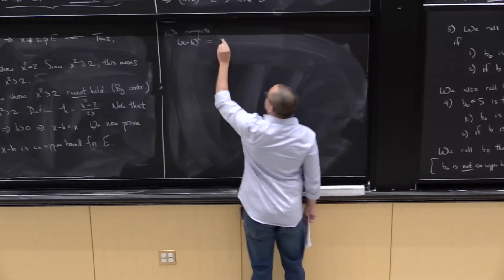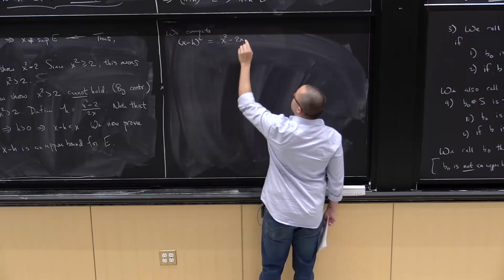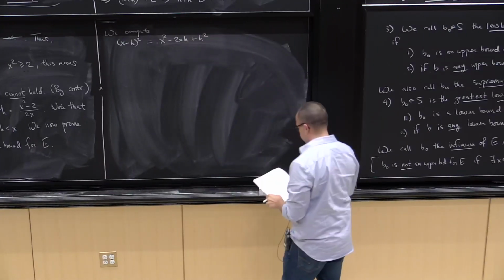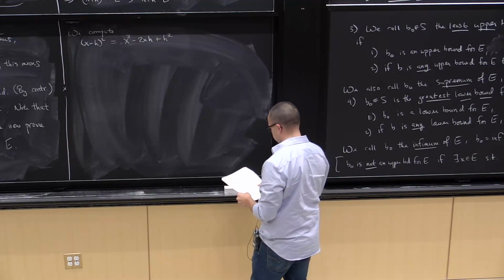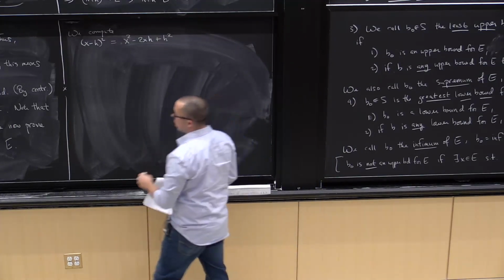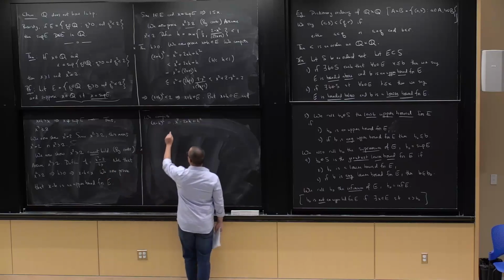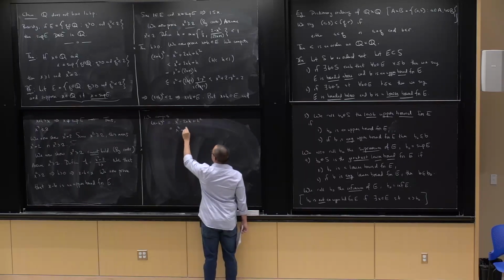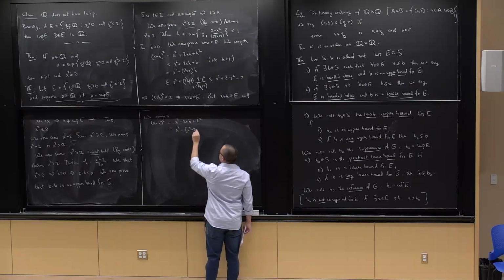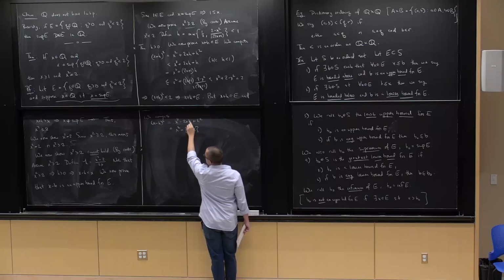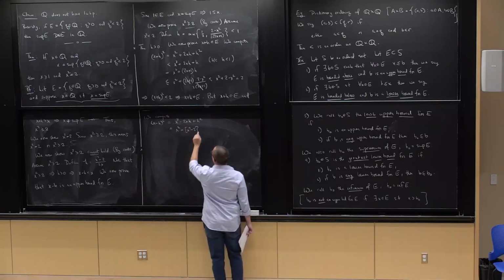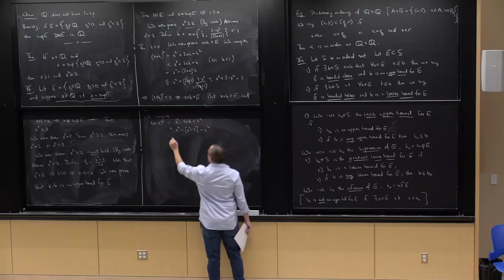This is equal to x squared minus 2xh plus h squared. If we just plug in what h is, this is equal to x squared minus x squared minus 2. So that's putting h in, and then the 2x here cancels with the 2x there, so I just get x squared minus 2 plus h squared, which equals 2 plus h squared.